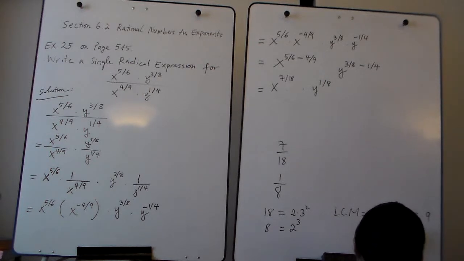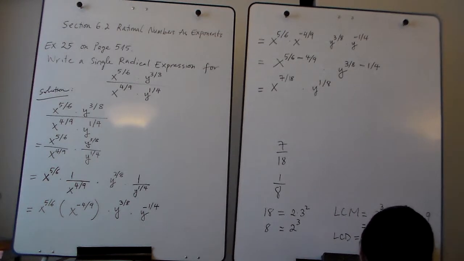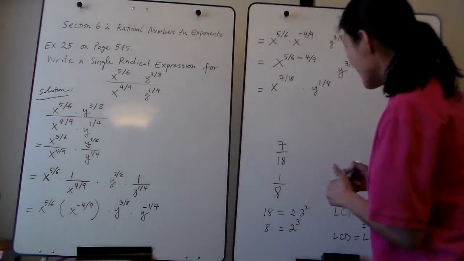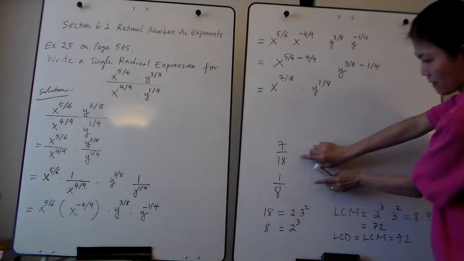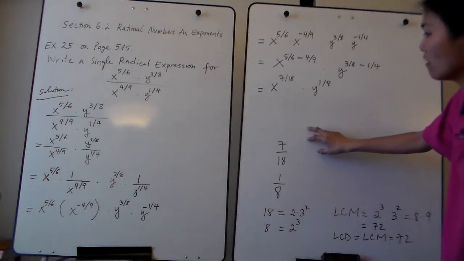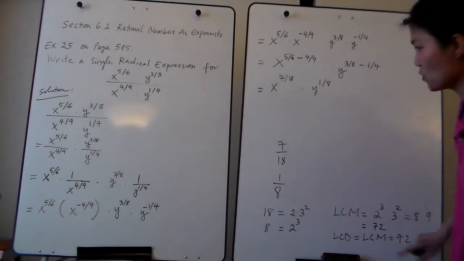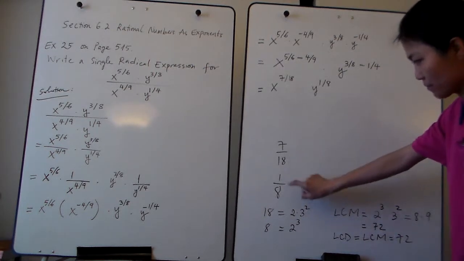So the LCM is 72. Now, the LCD is equal to the LCM, which is 72. So that means we need to convert these two fractions to the equivalent form that has 72, the LCD, as a denominator.